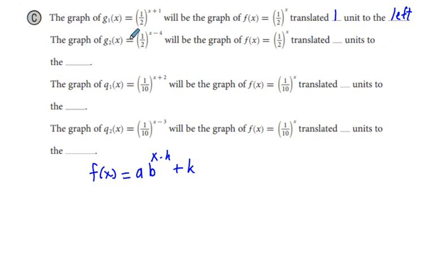The graph of g2 of x equals (1/2) to the power of x minus 4 will be the graph translated 4 units to the right. Then this one below, similar, 2 units to the left. This graph here, x minus 3, 3 units to the right.